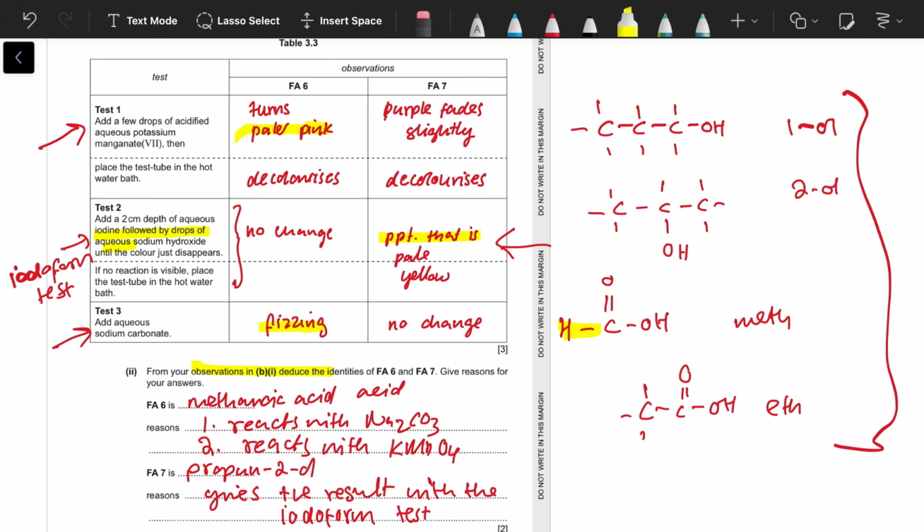Because if you take a look here, our propan-2-ol has a carbon attached to both a CH3 and an OH at the same time. However, here we do not have a carbon that is attached to a CH3 and an OH. We have a carbon attached to 2 hydrogens and another carbon atom.